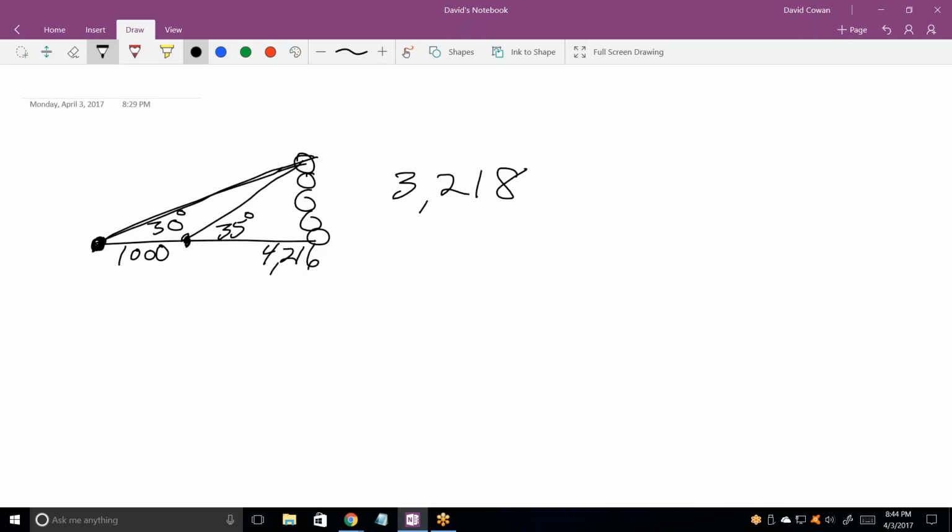And you don't even know how far you are from the mountains. You have no idea. You could be 100 miles, you could be 2 miles. But you go 1,000 feet and you measure the angle again, and now the angle says 35 degrees. And from those two measurements, you can calculate everything: the distance you are from the mountains and the height of the mountain.